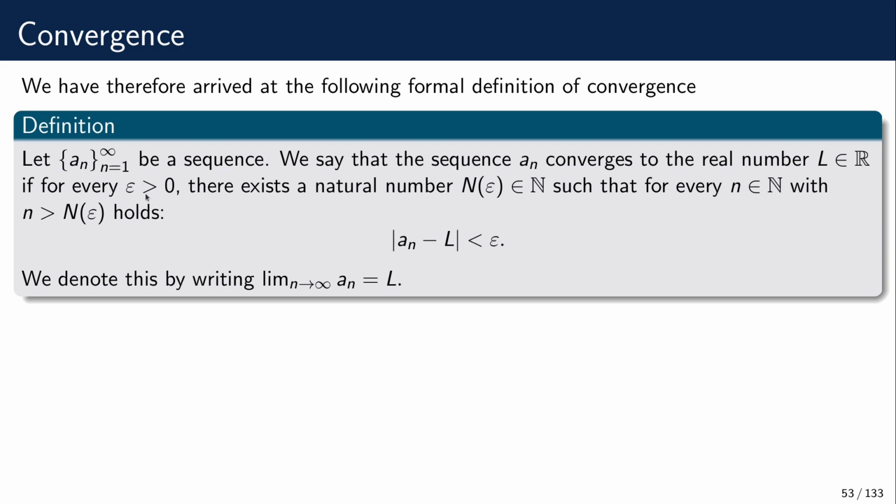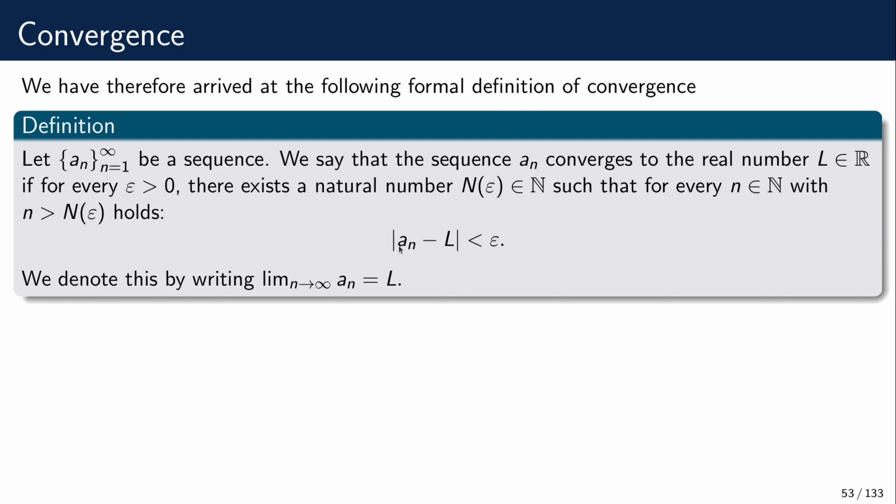So for every positive epsilon, there exists a natural number n of epsilon, such that for every natural number n that is greater than this n of epsilon, provided this means that we've gone far enough, the distance between the sequence and its limit will be smaller than epsilon, and we denote this by writing this familiar expression that says that the limit of an is L, or that the sequence an converges to the limit L. Now, the only thing that we really needed here to define convergence to a limit is this notion of distance.